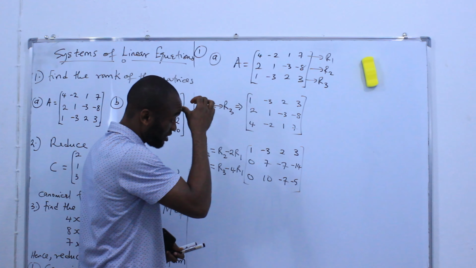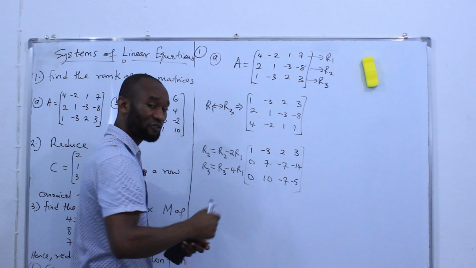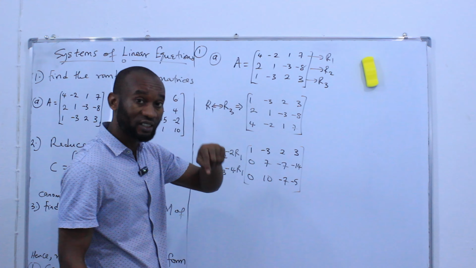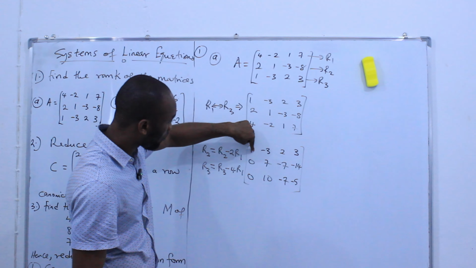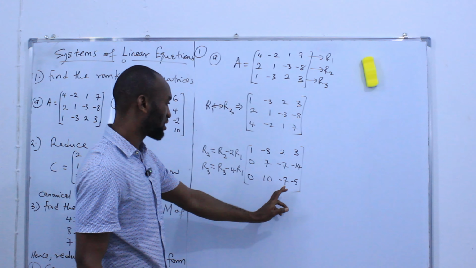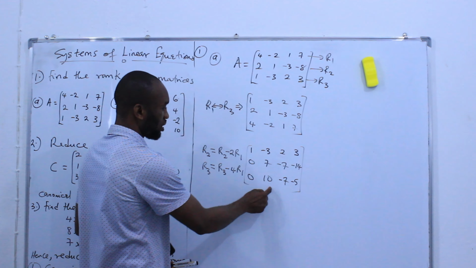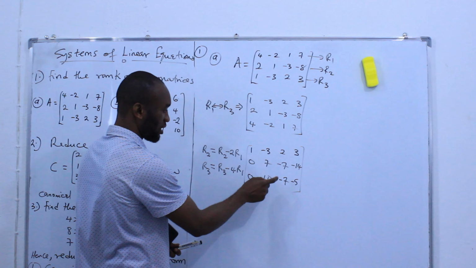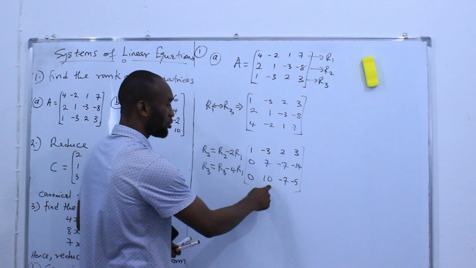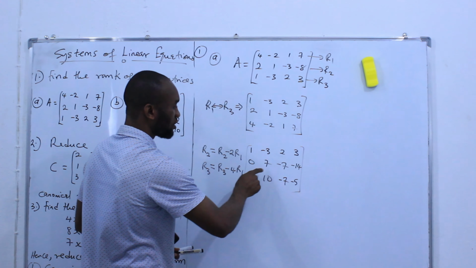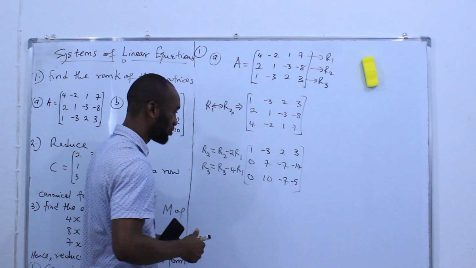Next, we have the leading variables, 1 here and 7 here. We need to get one leading variable here, and that means we just need to eliminate this and turn it to 0. Before we do that, I see that here is 7, minus 7, and minus 14, so we can divide row 2 by 7 throughout.